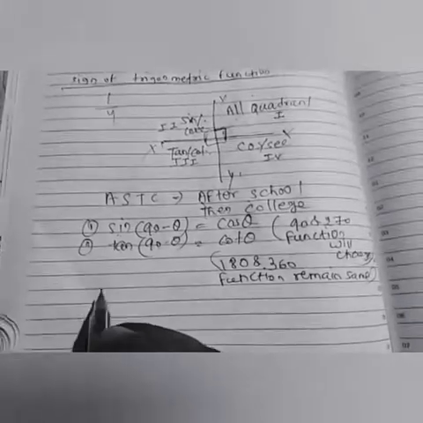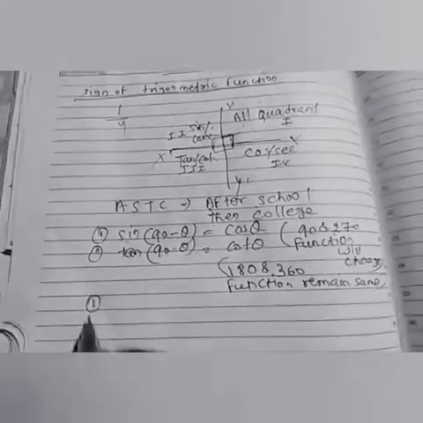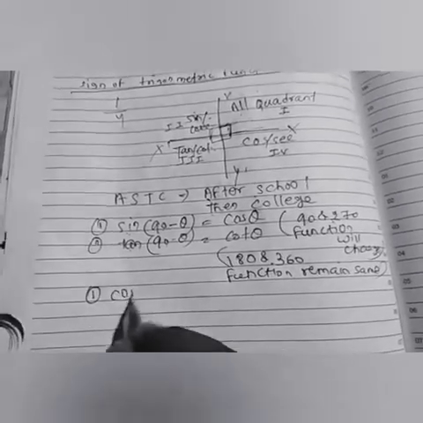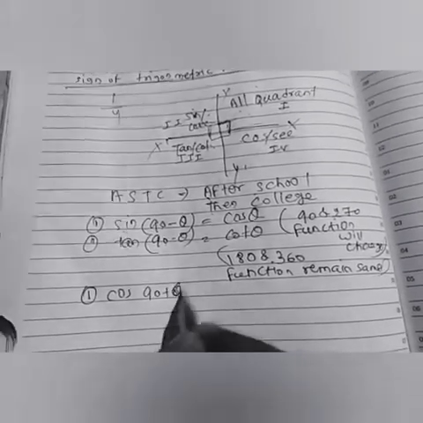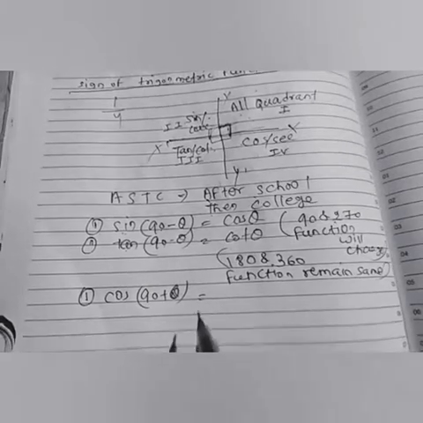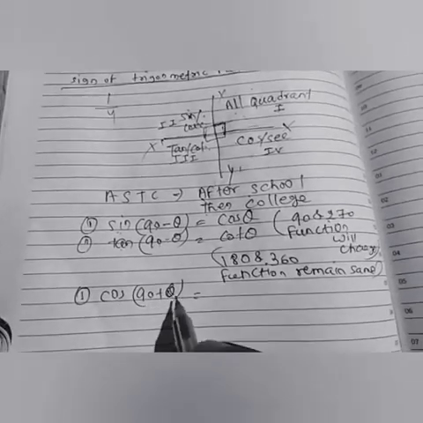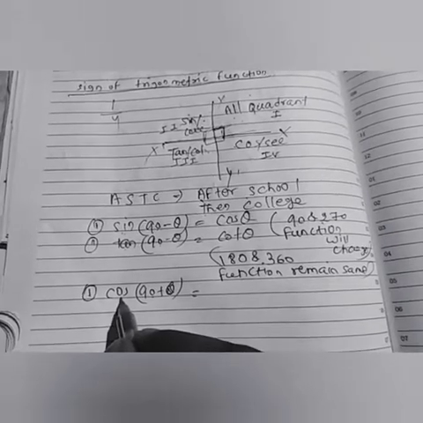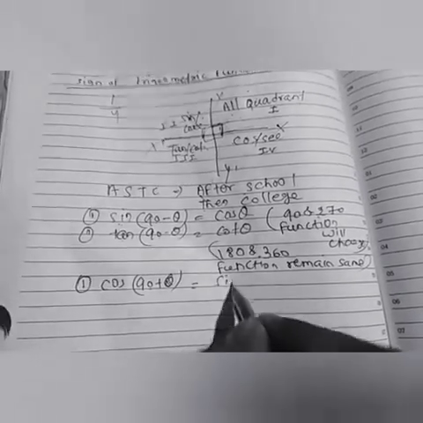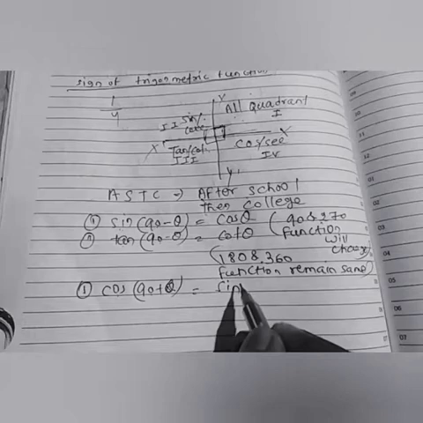Okay, so I take one example, that is cos 90 plus theta. For 90 we change the function cos to sine, then theta.